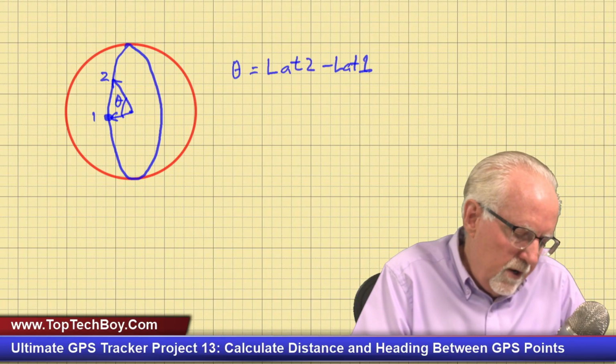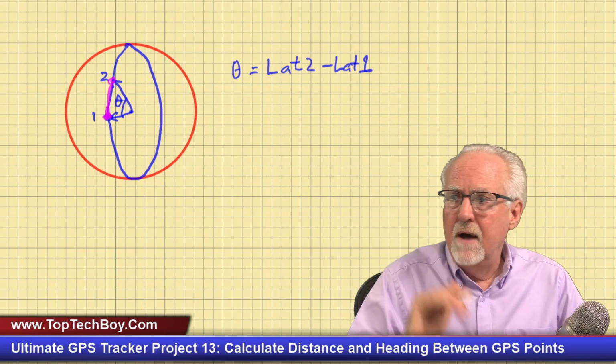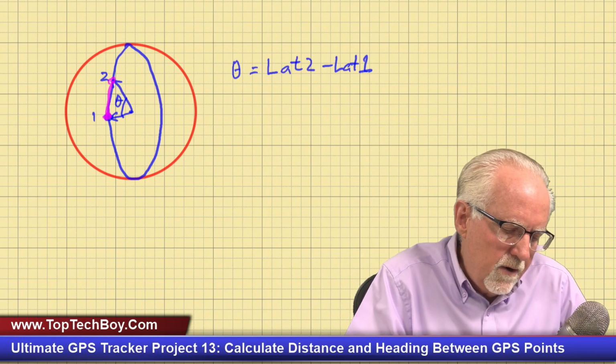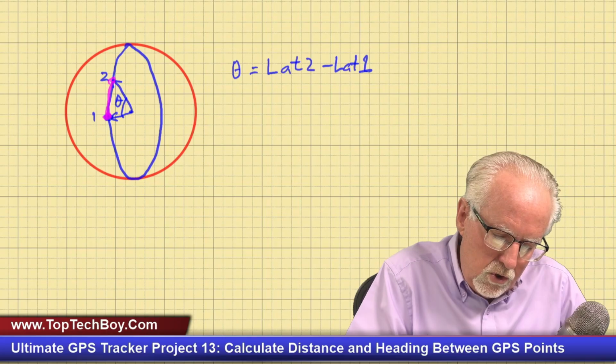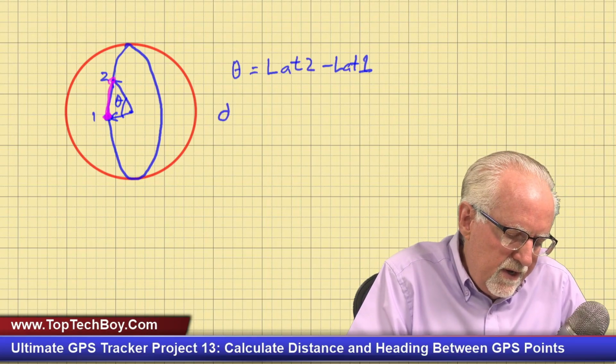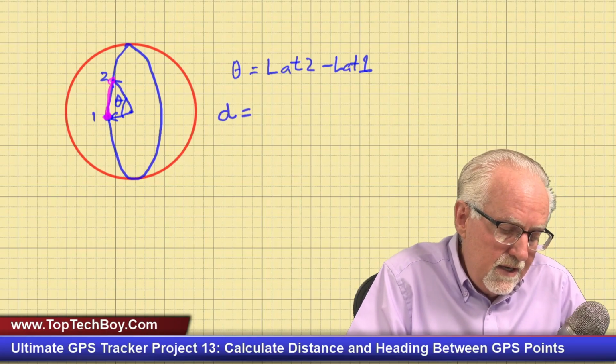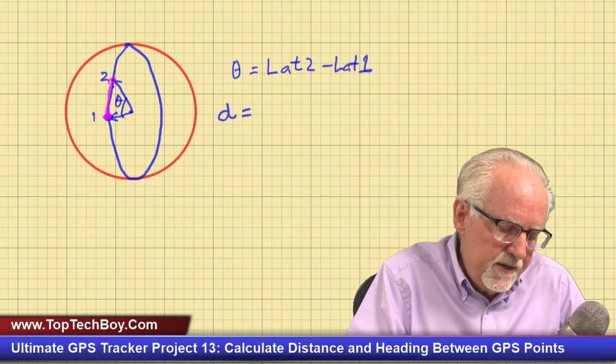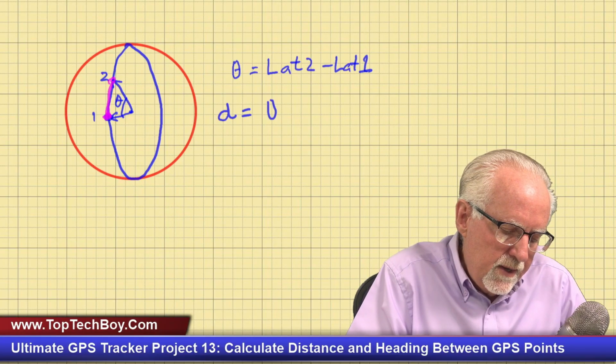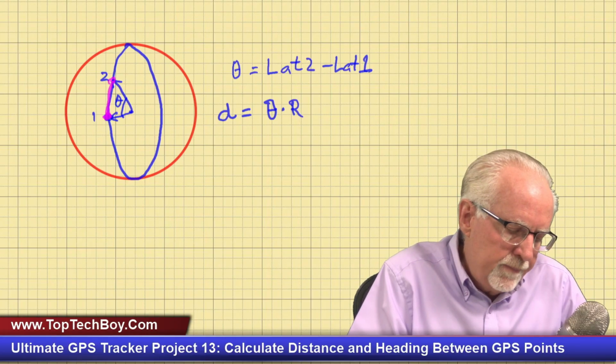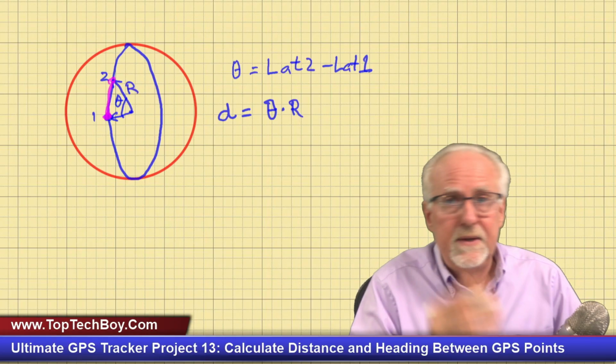So how far do I go if I go from here to here along that curve, right? I'm not flattening it out. Along that curve, how far did I go? The distance is going to be equal to that angle in radians times r, and the r is the radius of the Earth.